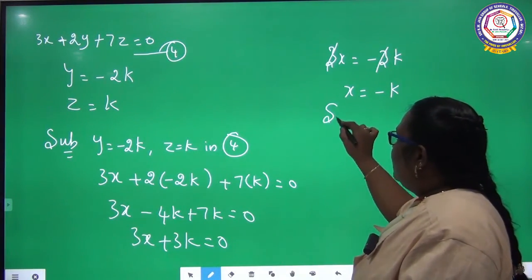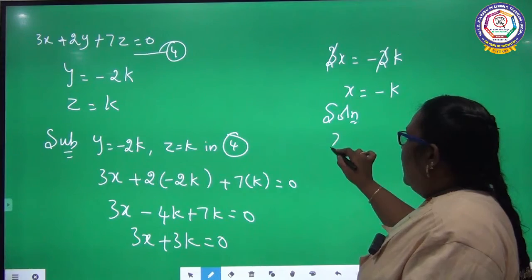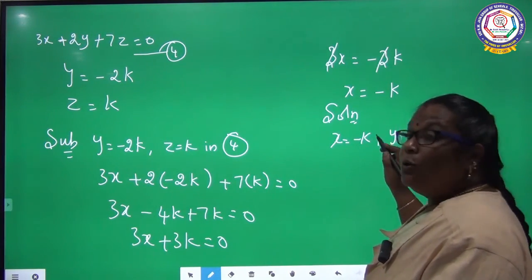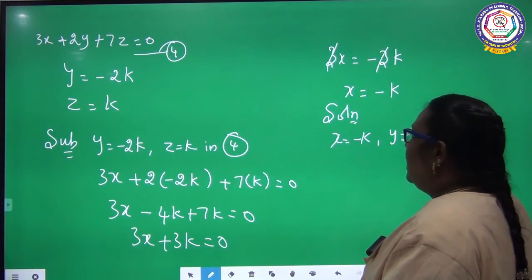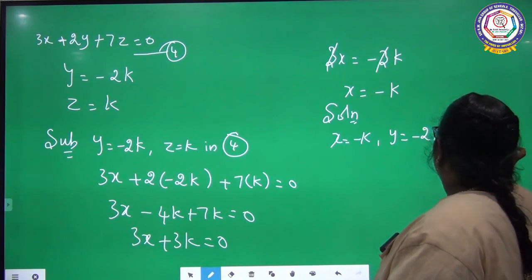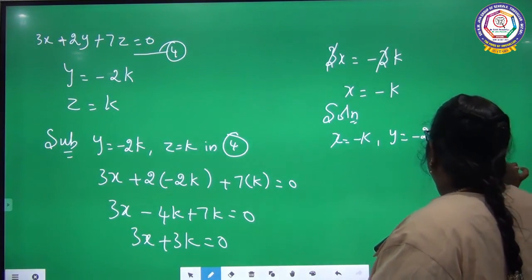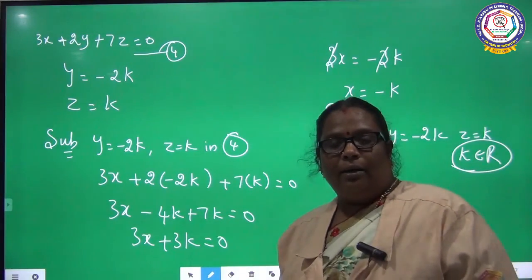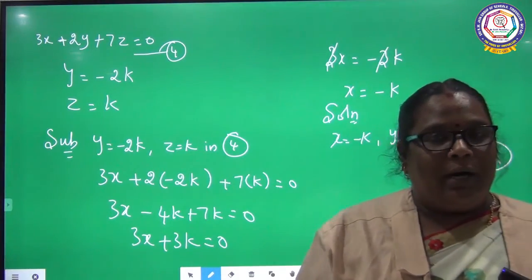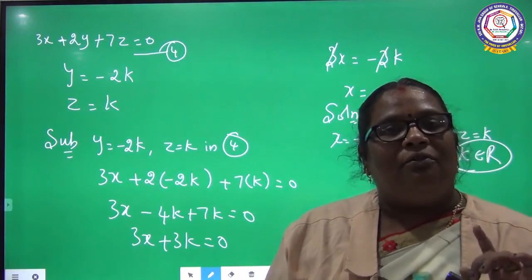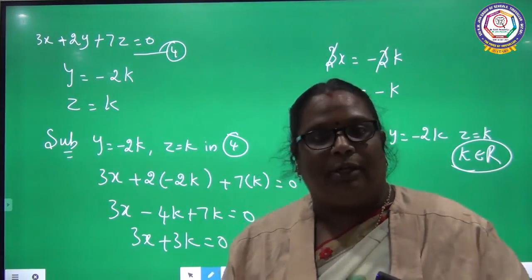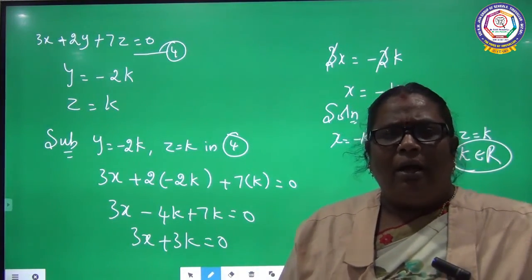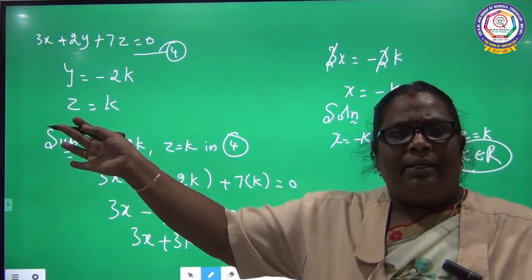So what is the solution? X equal to minus k, y equal to minus 2k and z equal to k, where k belongs to R. Very important: where k belongs to R. If k belongs to R, it is nothing but an infinite number of solutions, because k can take any value between minus infinity and plus infinity.